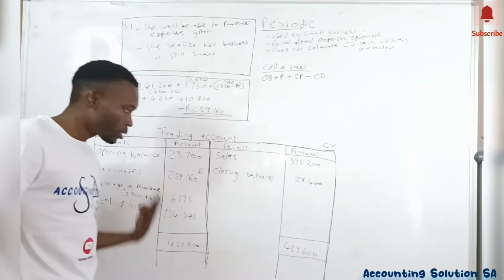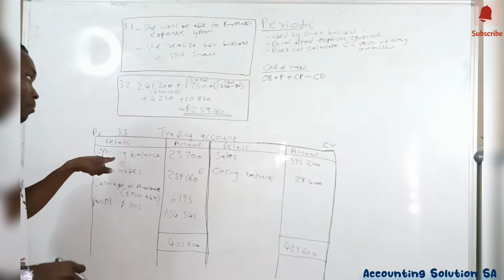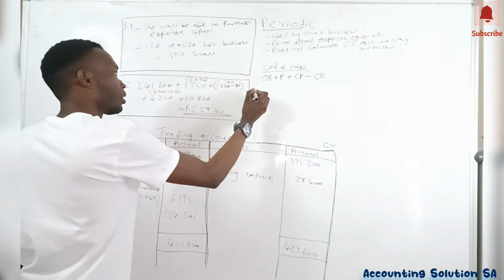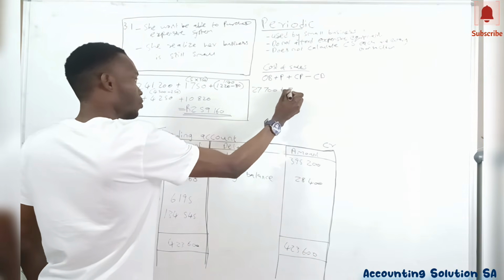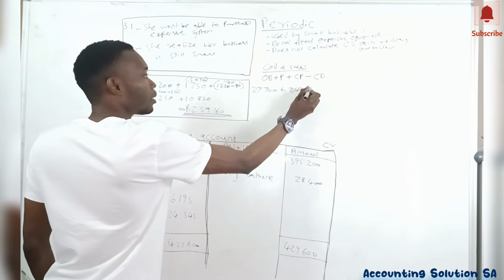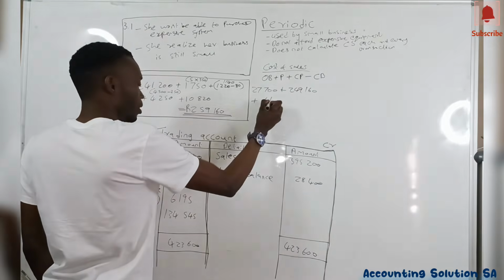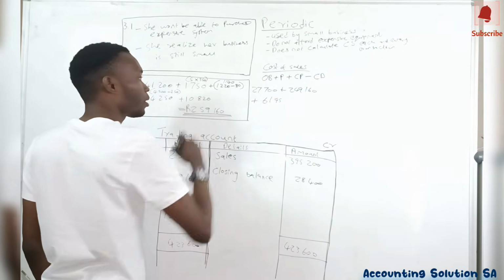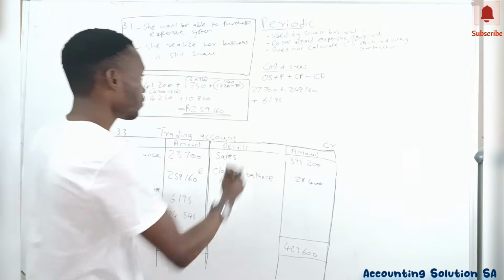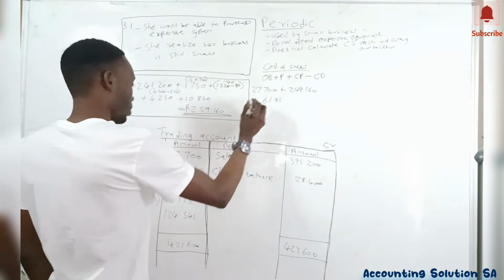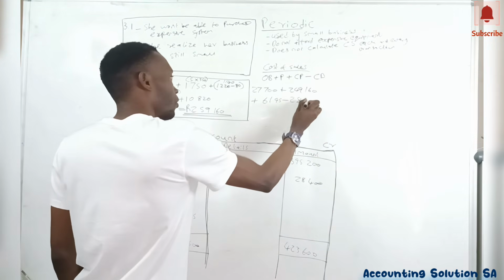So in our case, it's simple for us to calculate the cost of sales, because the opening balance we have is 23,700 plus purchase of 259,160 and plus carriage of 6,195, and after that we subtract our closing balance of 28,400.